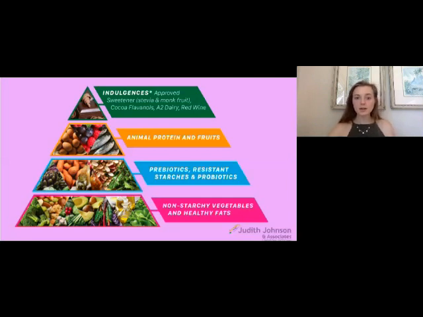Okay, in this pink area, we also see that we want to include a lot of healthy fat, mainly plant-based fats, to heal insulin resistance and to create those ketones to fuel your brain. So think of fats such as your olive oil, lots of avocado, lots of nuts and seeds, coconut and coconut oil.